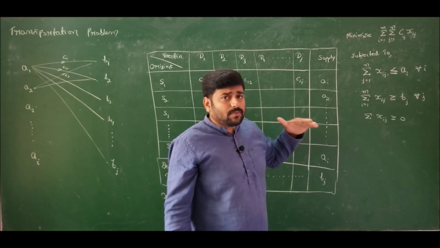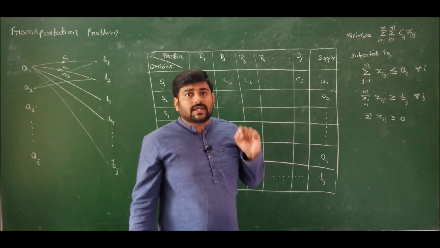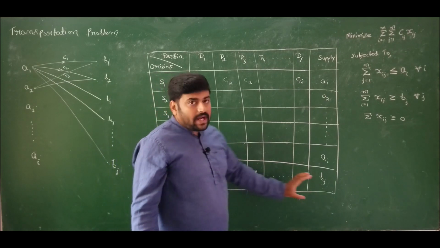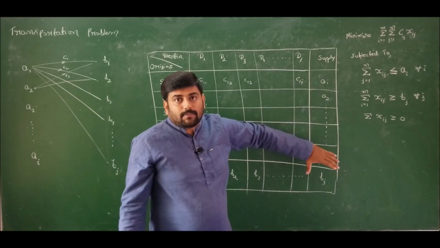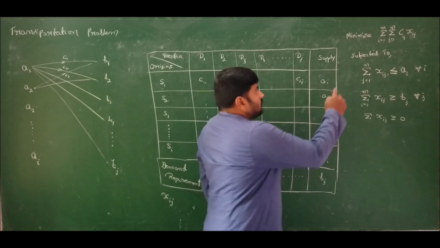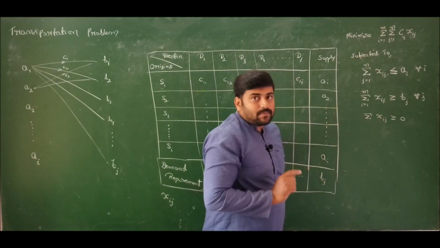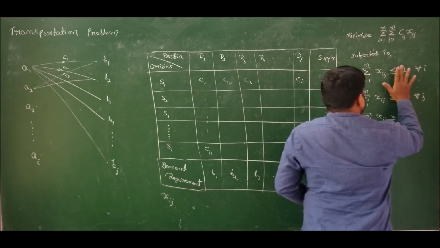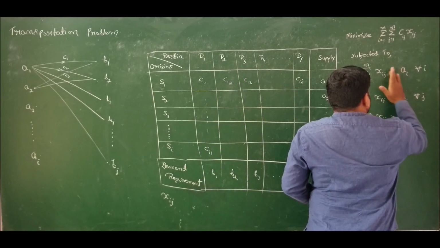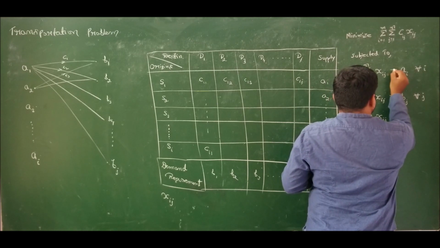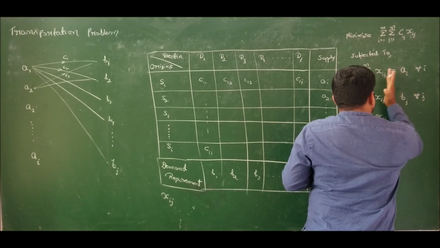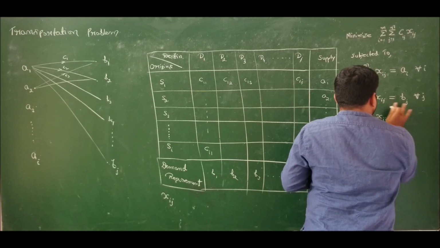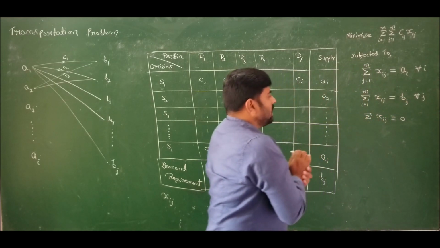A balanced transportation problem is one which has equations, and for a balanced transportation problem, the sum of demand will be equal to the sum of supply. So this is the unbalanced transportation problem because we have constraints. Now if I make them equations, all commodities that leave are equal to the supply and all commodities that enter are equal to the demand requirement.